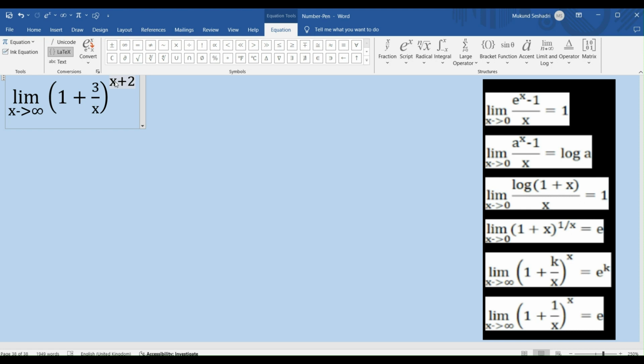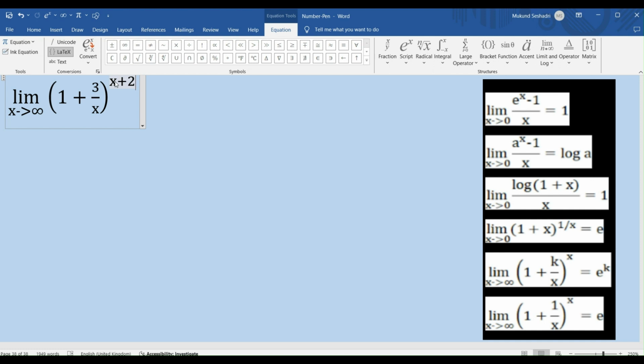So we have the problem on your screen. Limit x tending to infinity, (1 plus 3 divided by x) the whole power x plus 2, right? And we know that anything to the power a plus b equals anything to the power a into anything to the power b, right?